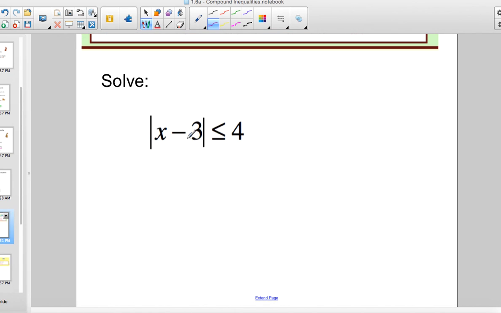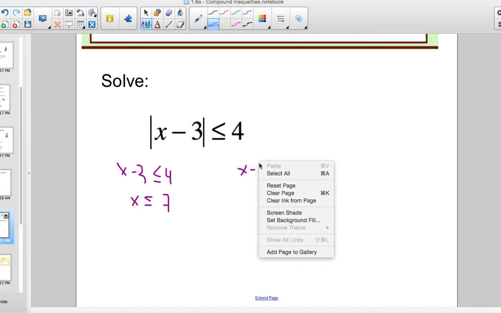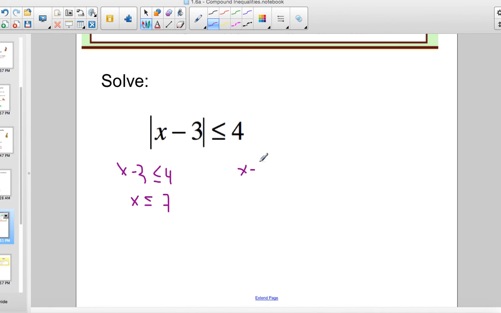That's an and inequality. So you can look at the answers and decide that after. So if I gave you this one, the first case you would do is x minus 3 is less than or equal to 4. Ignore the bars, right? Add 3, you're going to have less than or equal to 7. But the other case you're also going to have to do is greater than or equal to -4.